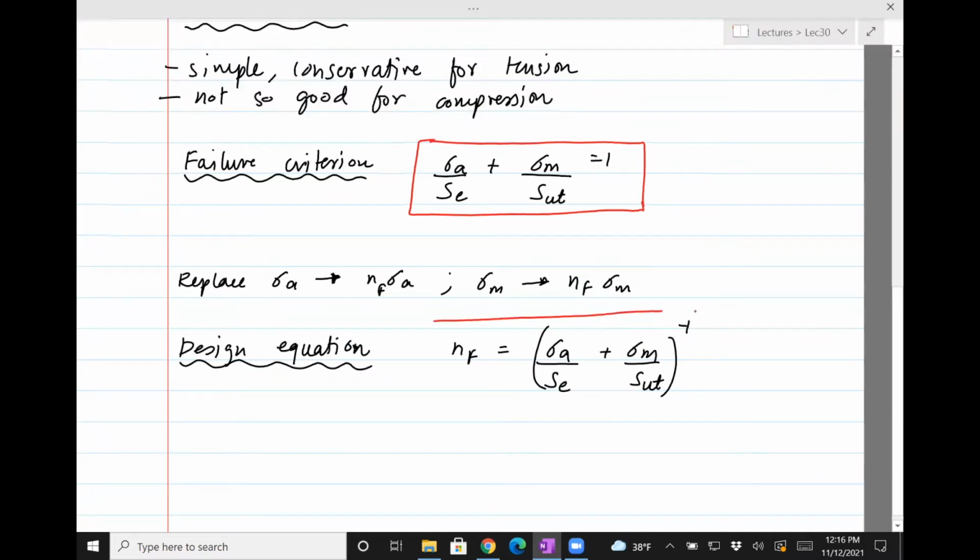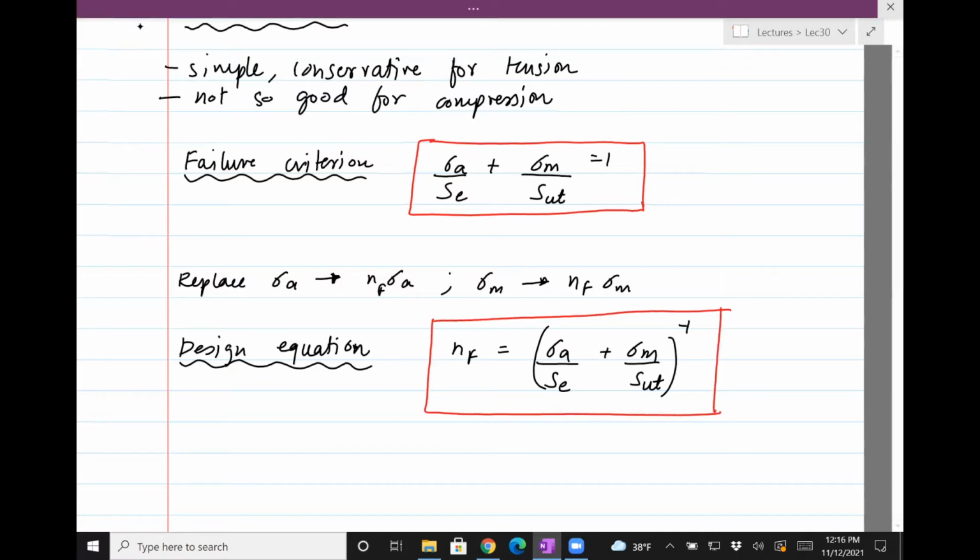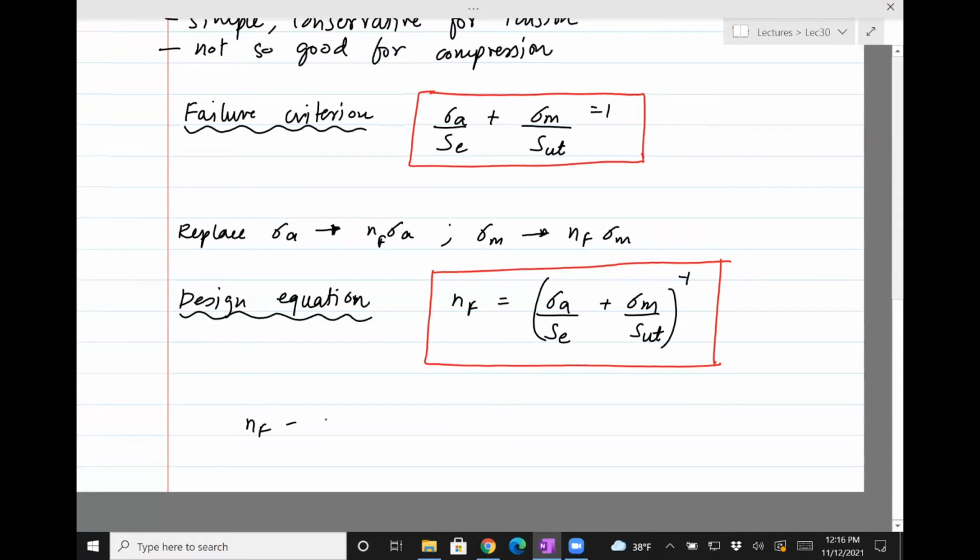And by the way, that's not new. We did this last time. So NF is the safety factor for fatigue loads.